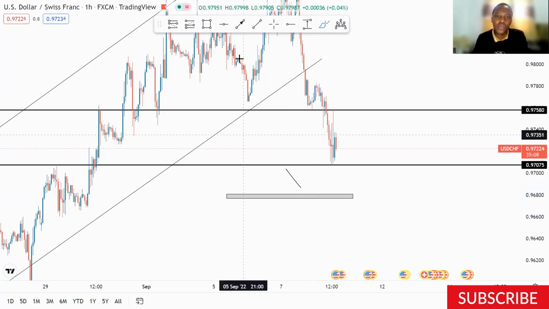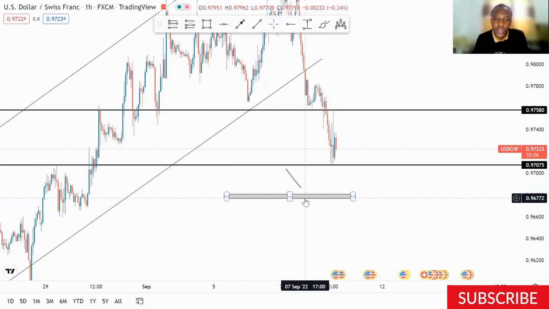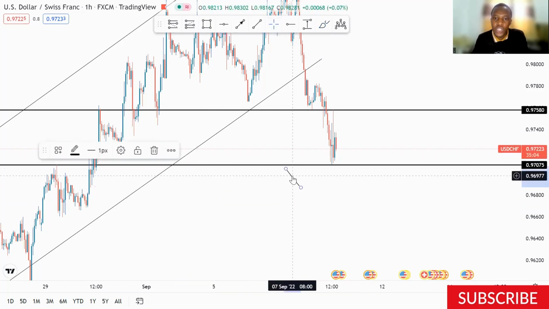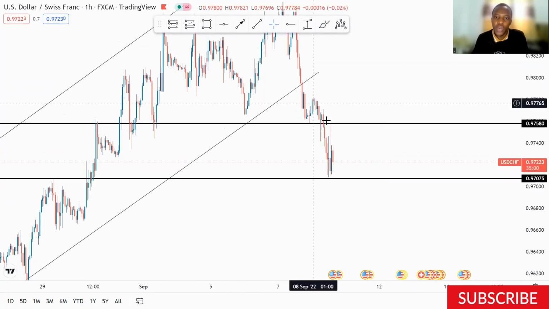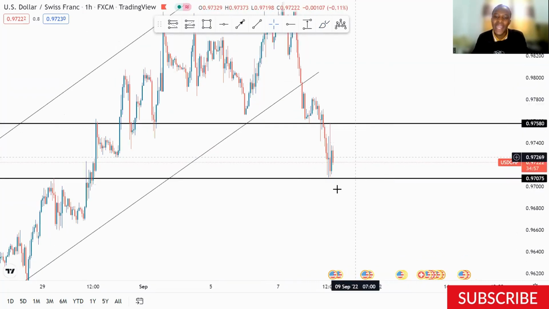A better example: let's look at what's going on here, right? USD Swiss broke out of the structure impulsively, but it's now playing between that support and resistance level.